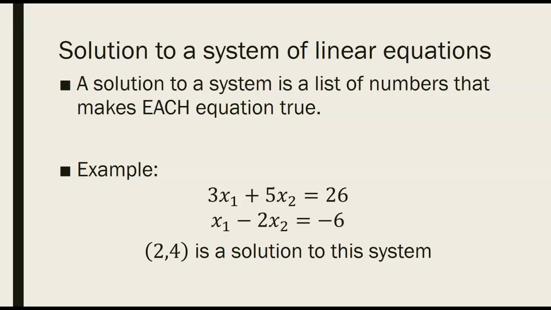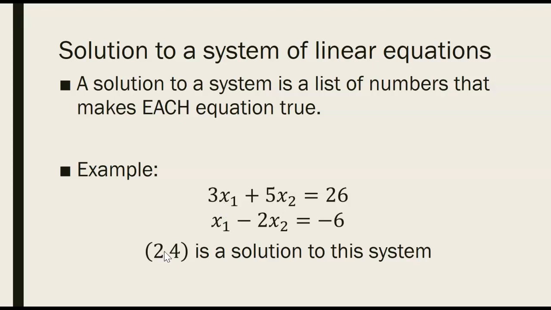Now, one thing I want to mention is that if we're writing down our list of numbers, because I have denoted these subscripts here, x1, x2, whenever you write a list of numbers, you're going to associate this first number with your first variable.